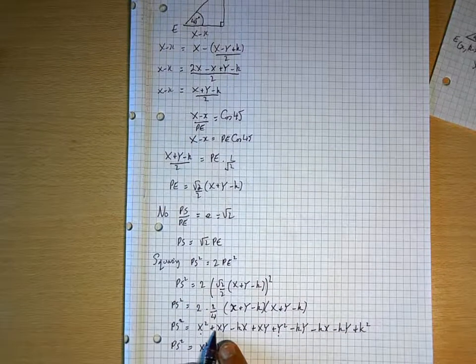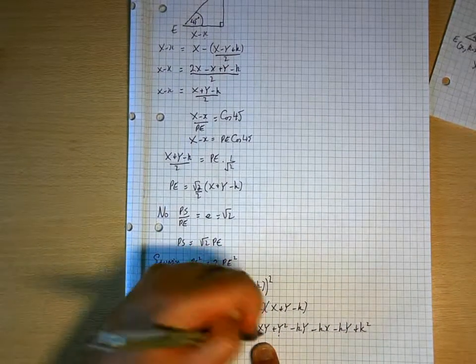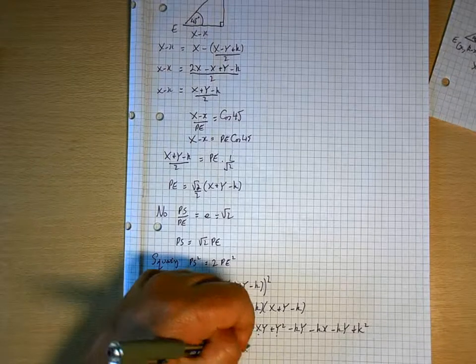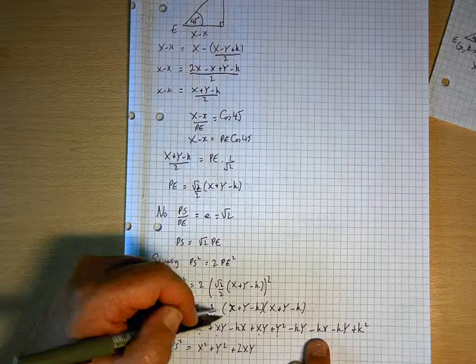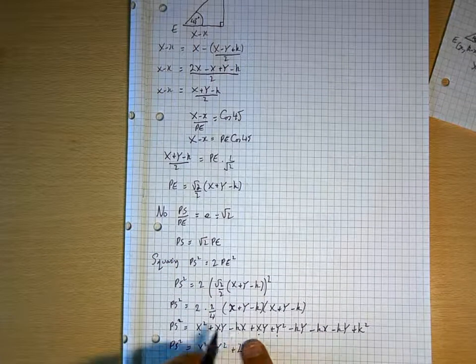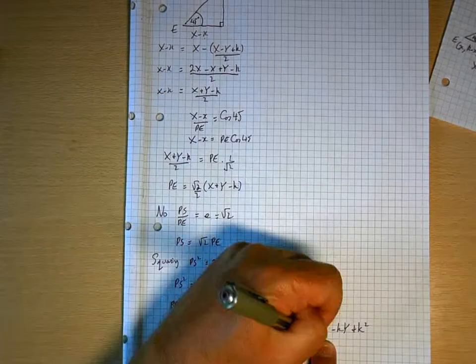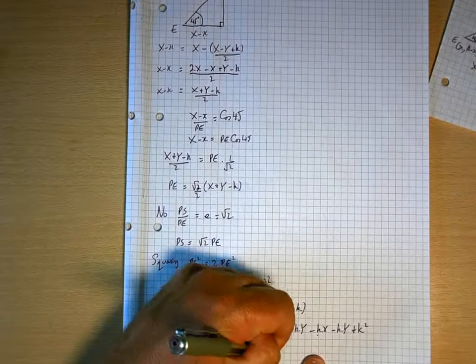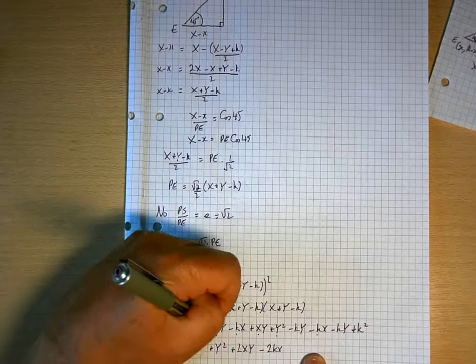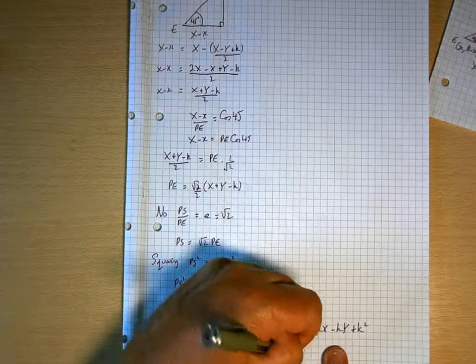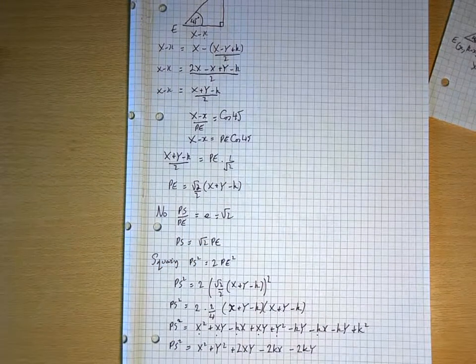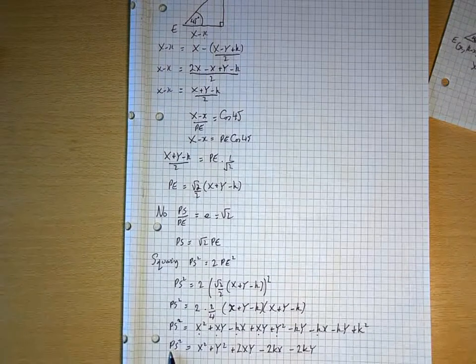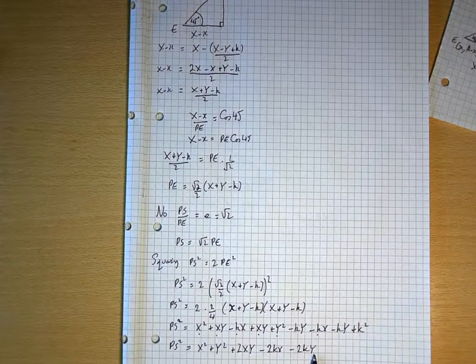I have an xy and an xy, 2xy. Then I have minus kx minus kx, minus 2kx, and a minus ky and a minus ky, minus 2ky. So I have PS squared is equal to that.